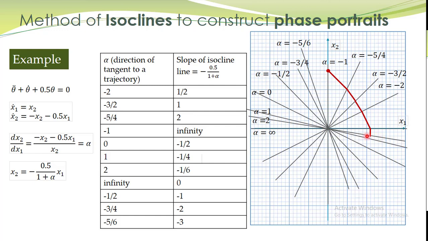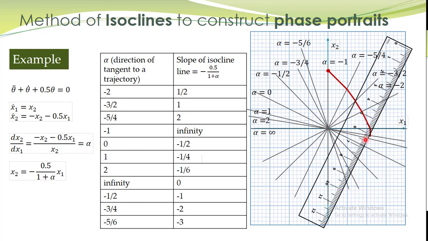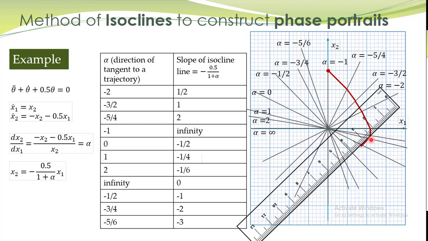Slope equal to plus 2. From here, this isocline alpha is equal to 2. So from here to here with a slope equal to 2, this scale has a slope equal to 2, and then draw a line over here. And then proceed it further from here to here with a slope of alpha equal to 1.